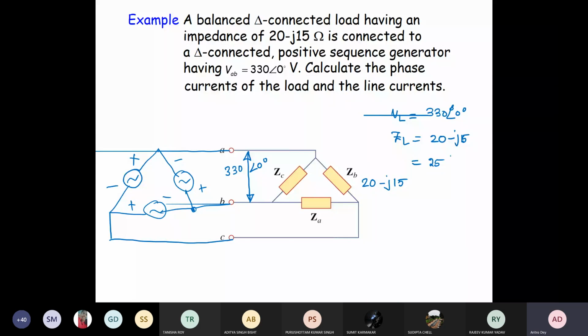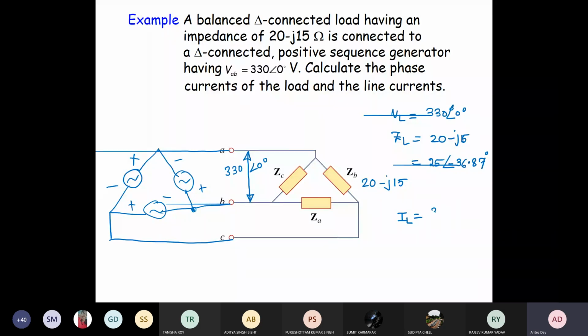This will be capacitive, so minus 36.87. So you can calculate what is your ZL. You know what is your VL, then you can find out what is your IL.